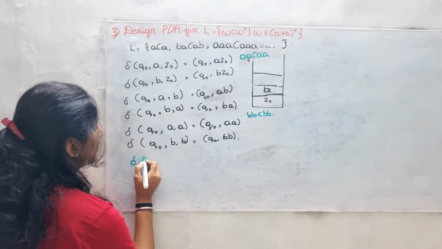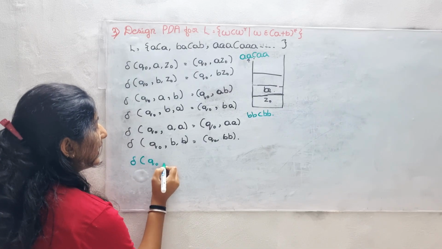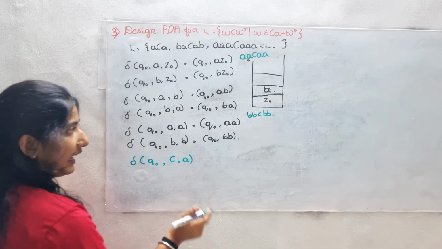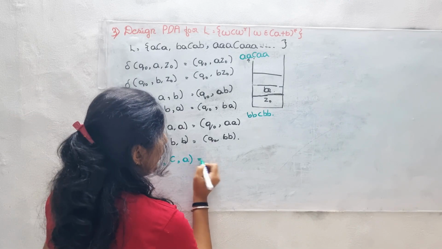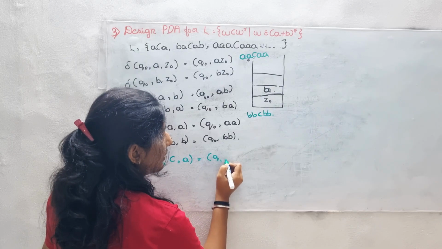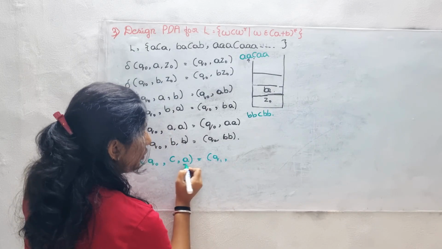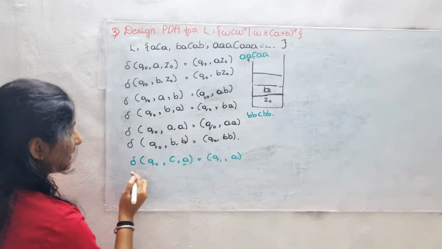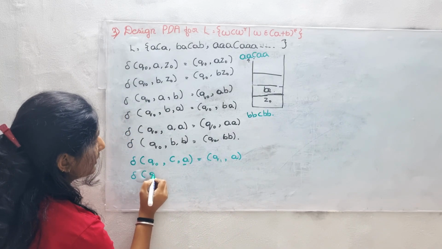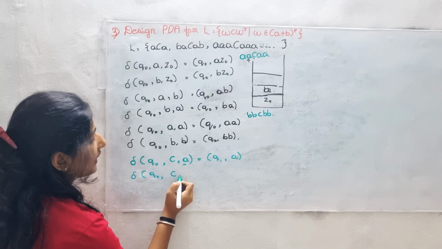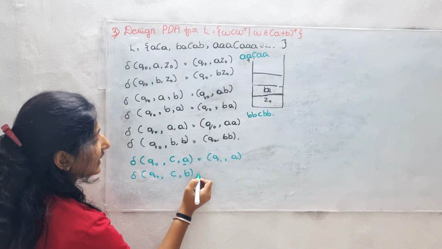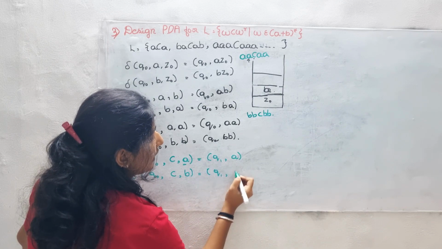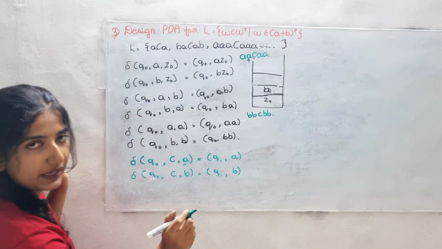If I am in state Q0 and I got marker C and the top of the stack is A, I will move to the new state Q1 and the top will remain the same. Only the state changes. If I am in state Q0 and I got marker C and the top of the stack is B, I will move to state Q1 and the top will be B only.